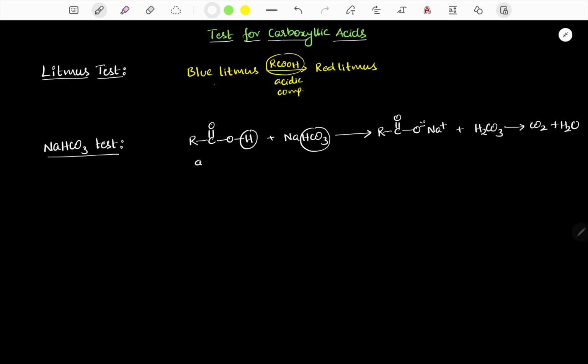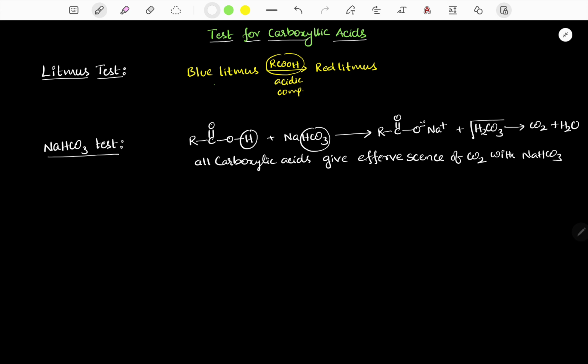That means all carboxylic acids give effervescence of CO2 with sodium bicarbonate.